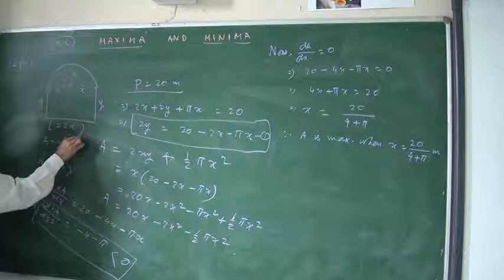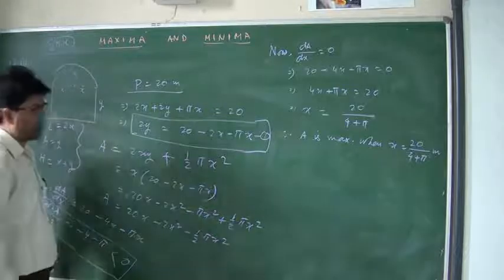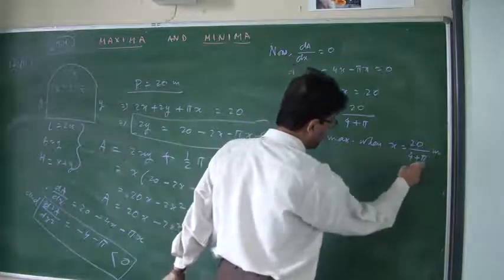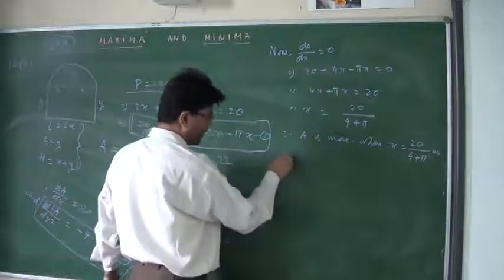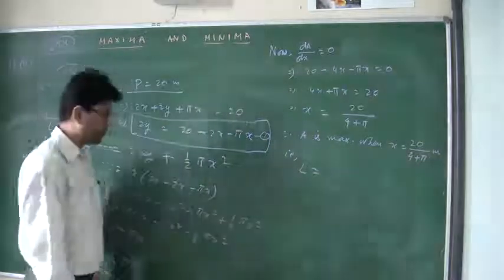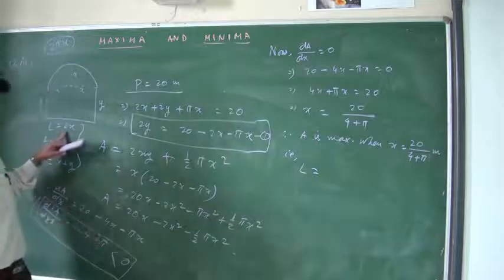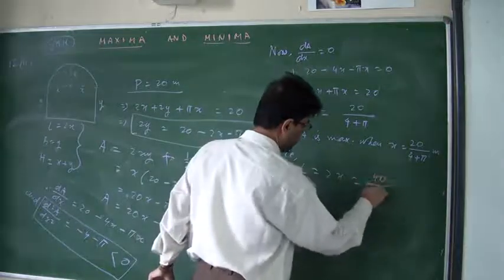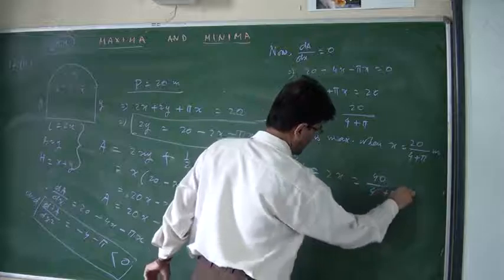These values you have to find out. So A is maximum when x is equal to 20 over 4 plus pi. That is, length in the figure is 2x, that is 40 over 4 plus pi meters.